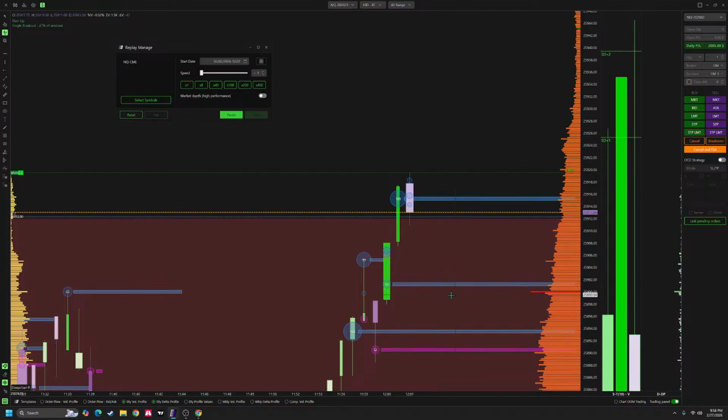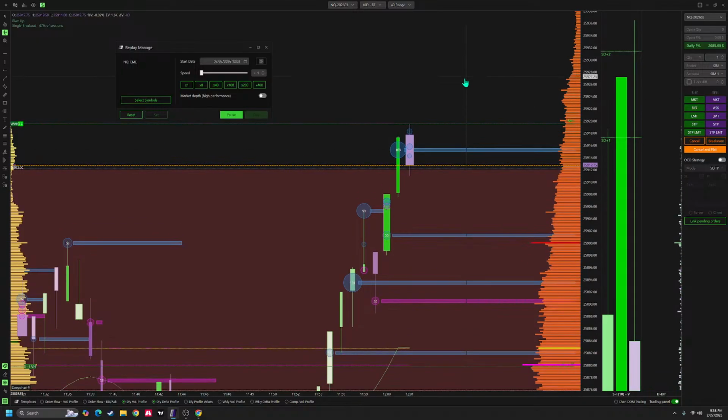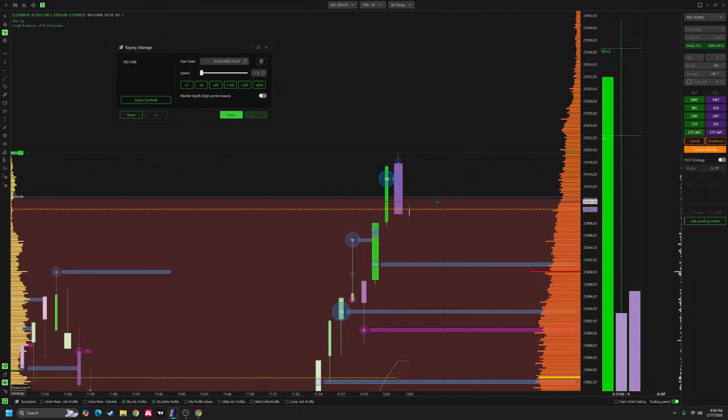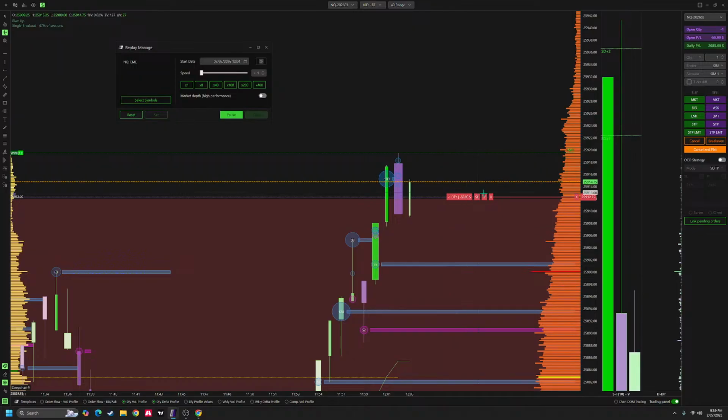Sellers are in control. Buyers are in control. Sellers are fighting back. Lots of selling pressure. So I'm going to take a shot right here. Super tight stop.